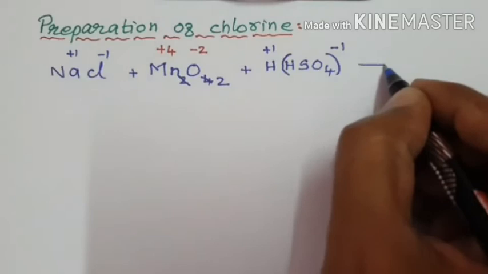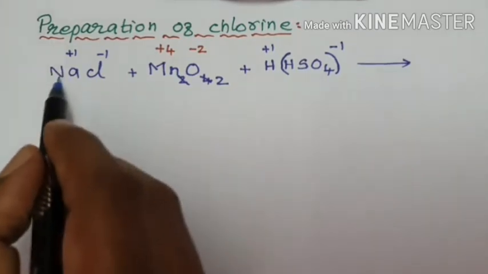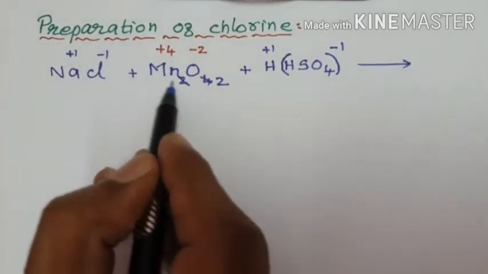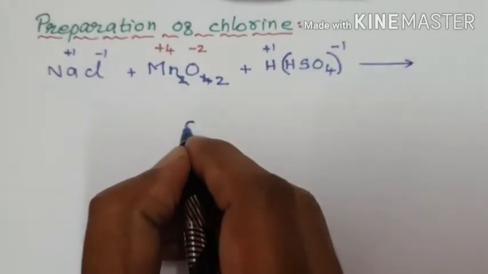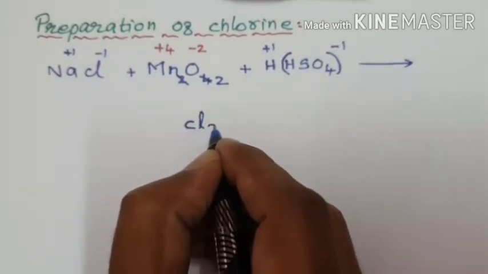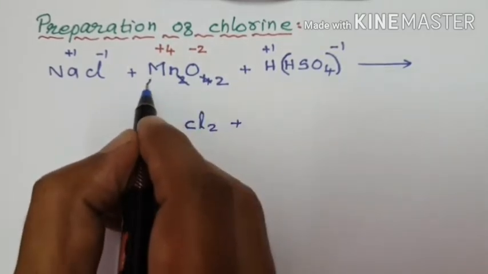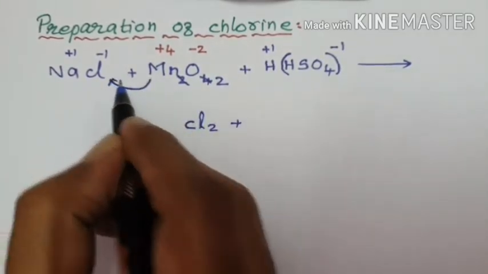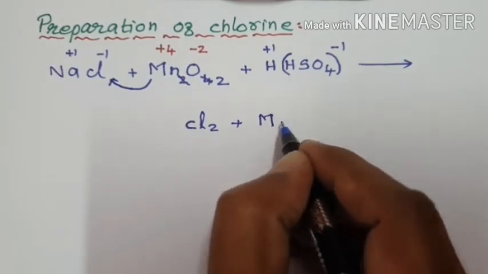What happens we know. The sodium chloride is oxidized by MnO2 to chlorine Cl2, a homogeneous diatomic gas. And manganese undergoes reduction from +4 to +2.